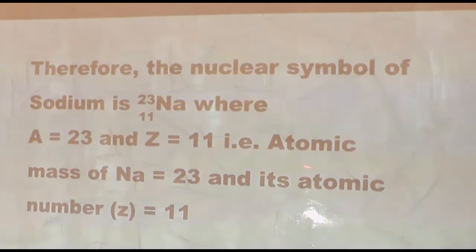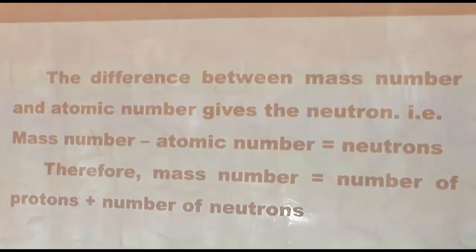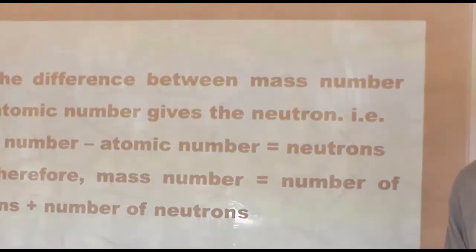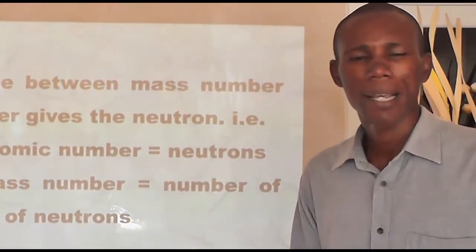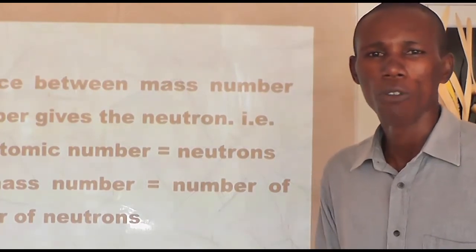To get the number of neutrons, just find the difference between the mass number and the atomic number. That is, mass number minus atomic number gives us the number of neutrons.